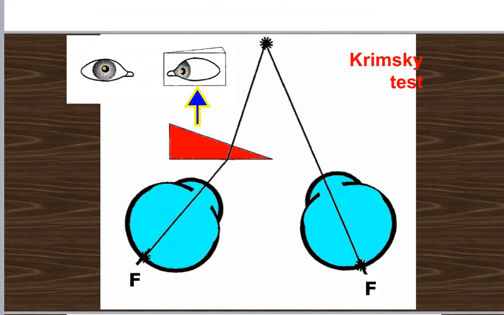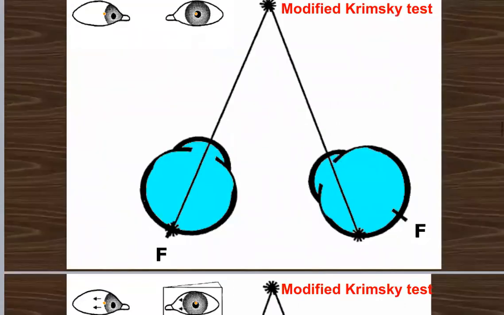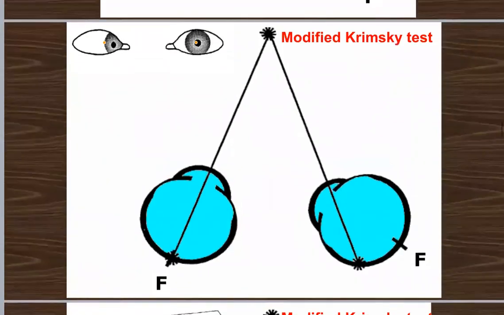And this equals the angle of strabismus. And here for the modified Krimsky test, we put the prism in front of what? In front of the normal eye or the sound eye. Here, if we put the prism in front of the normal eye, look at this.